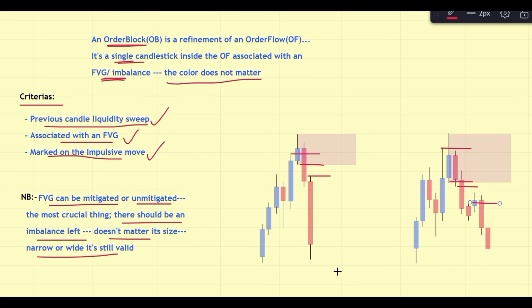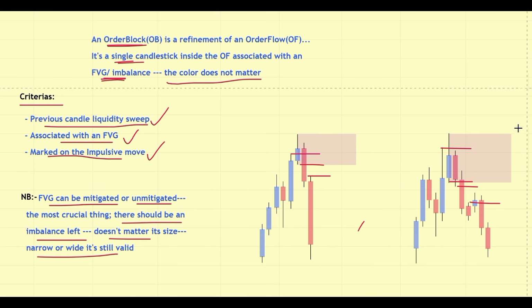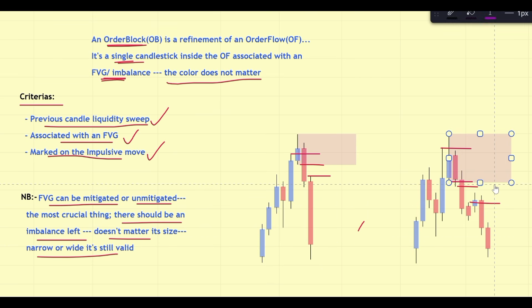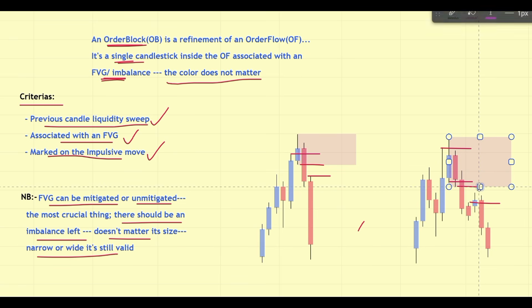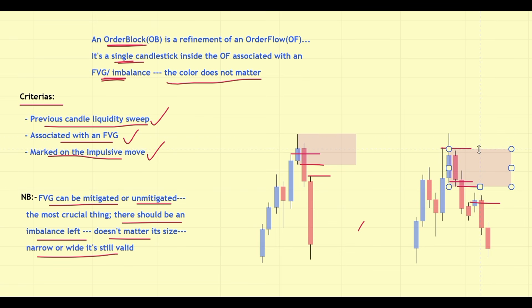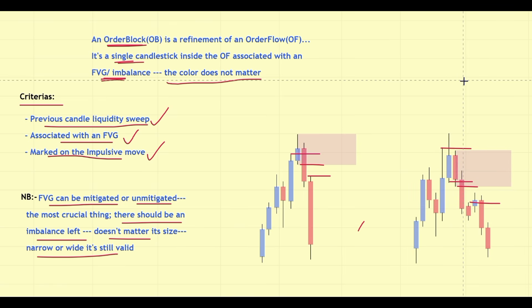So in this case, there is an exemption. Since an order block needs to be a single candle, you dive into the next candle that is associated with a fair value gap. If that next candle is not associated with a fair value gap, you shift to the third candle, and that continues until you get the candle which is associated with a fair value gap.